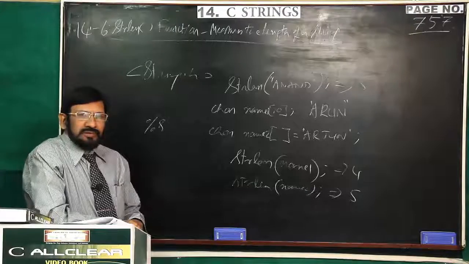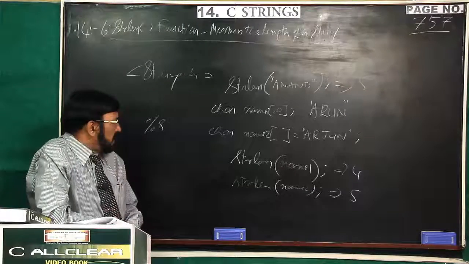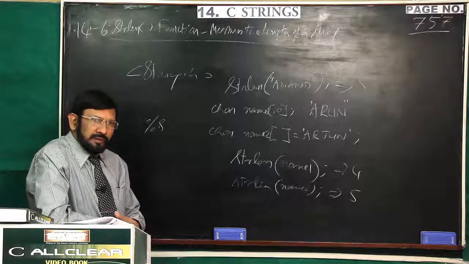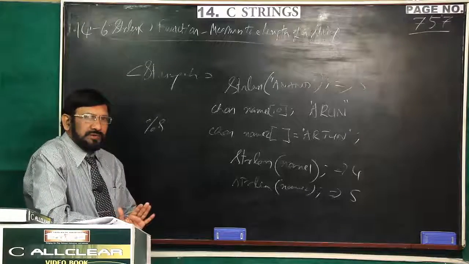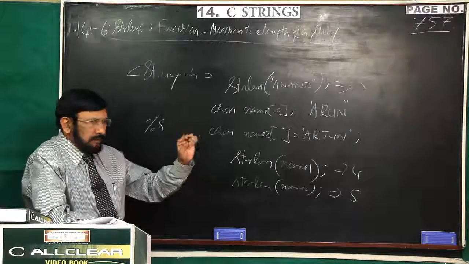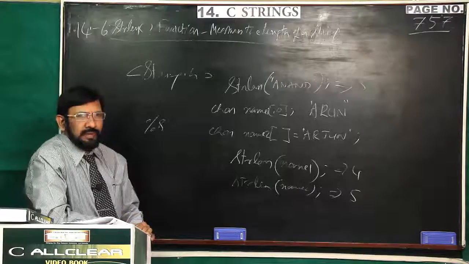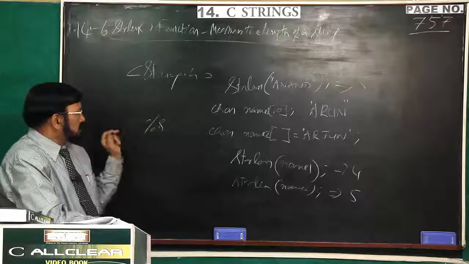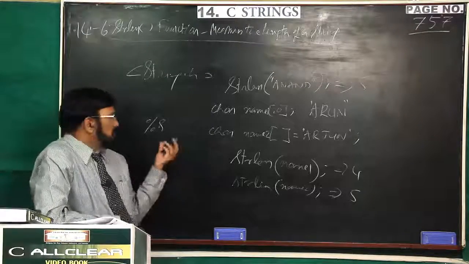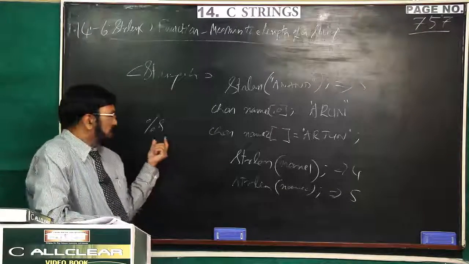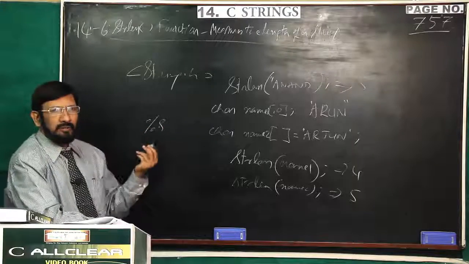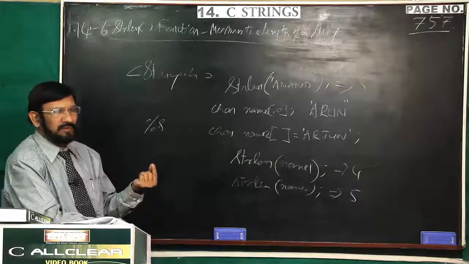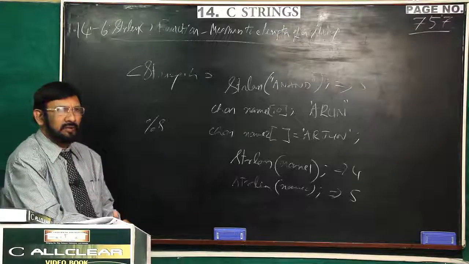We can read single-word names, single-word text. Whenever you enter a blank space, internally it is terminated. So because of this limitation, by using scanf we cannot read a multiple-word string with blank space.